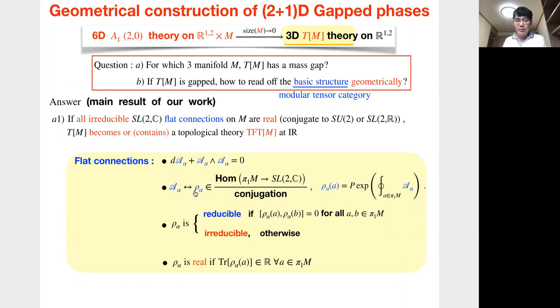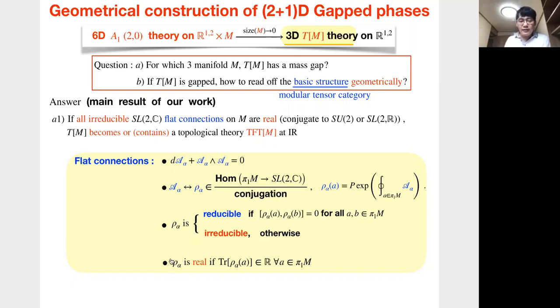The inverse is also true, that all flat connections can be constructed in this way. If we know the homomorphism from the fundamental group to SL2C, then we can automatically construct the flat connection. A flat connection, or homomorphism rho, is called reducible if all the holonomy matrices commute for every element of the fundamental group, and otherwise it is called irreducible.